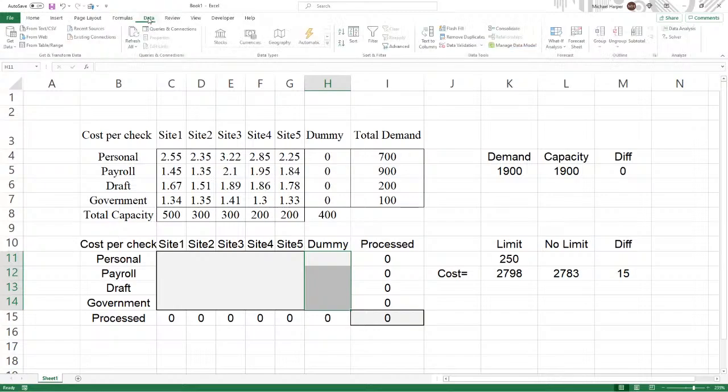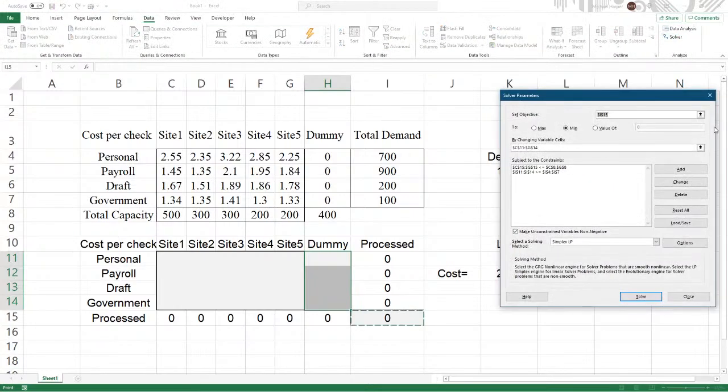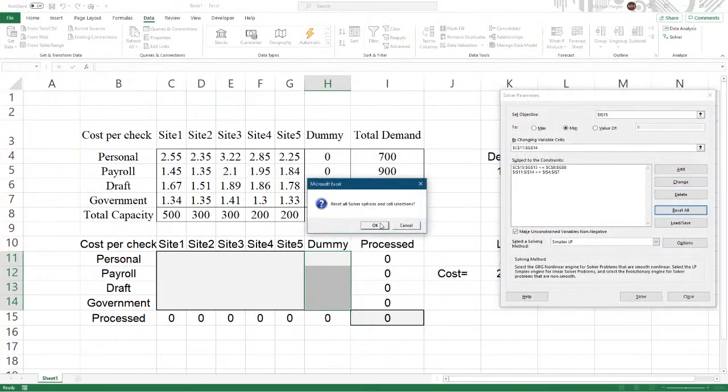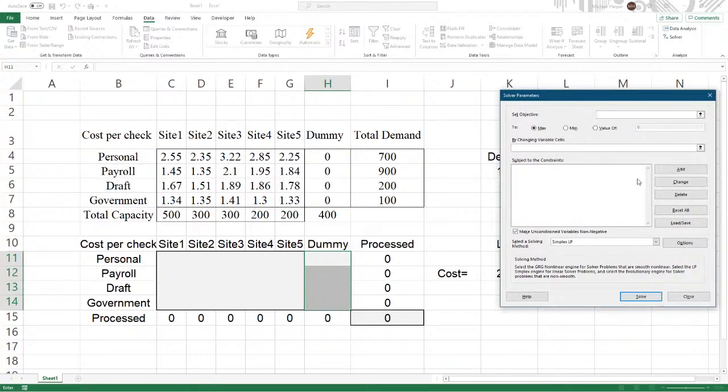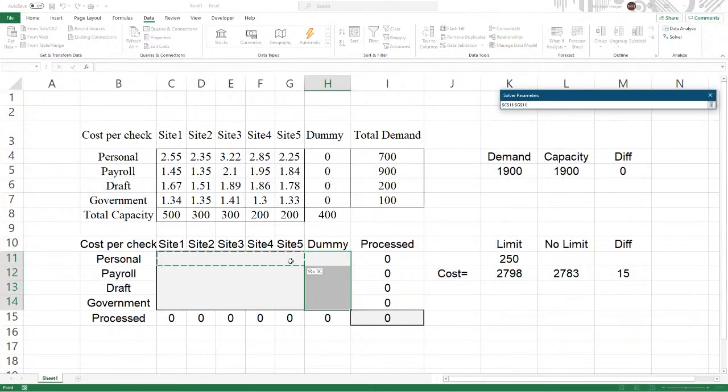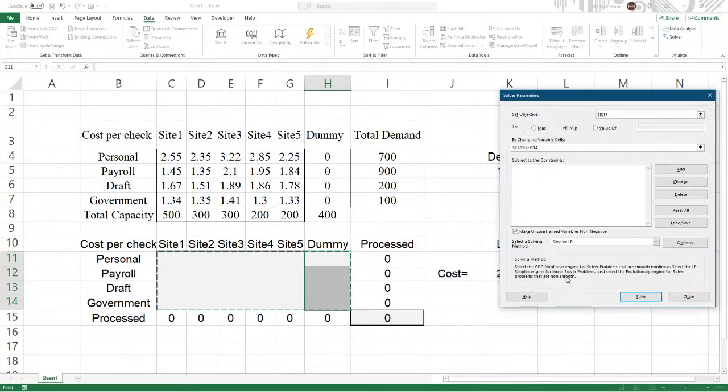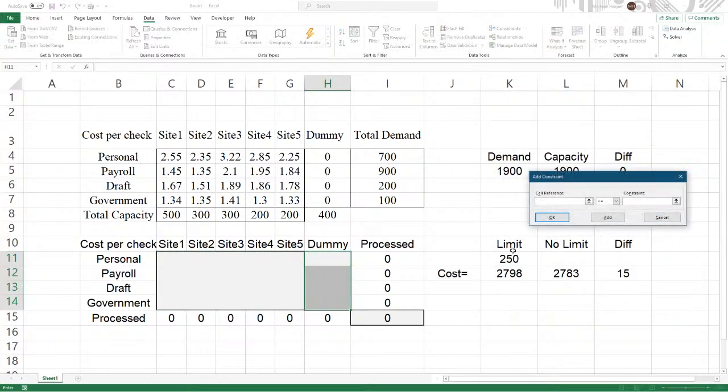So let's come to Data. Let's go to Solver. There it is. Let's just reset all and do it from the beginning to make sure we're right. Okay, here we have this right here. We're minimizing our cost by changing all of these cells, including the dummy. Adding constraints, the same as before, which processing is going to be greater than or equal to the demand.